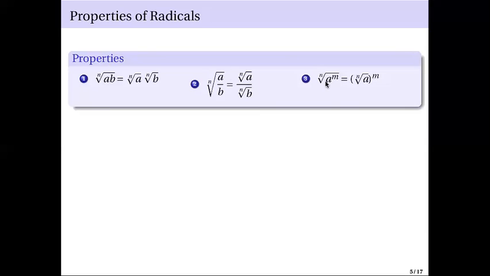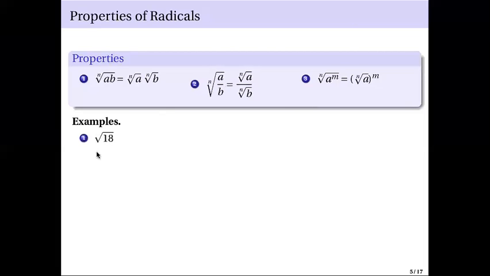You have nth root of a to the m. So this partially answers the question earlier. Nth root of a to the m is equal to nth root of a raised to power m. Okay? So let us apply these properties.